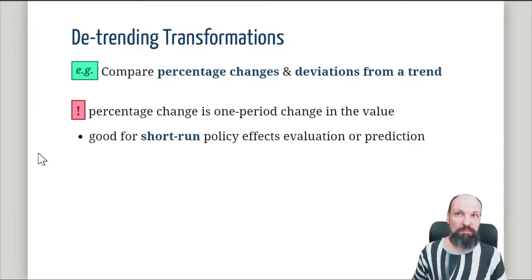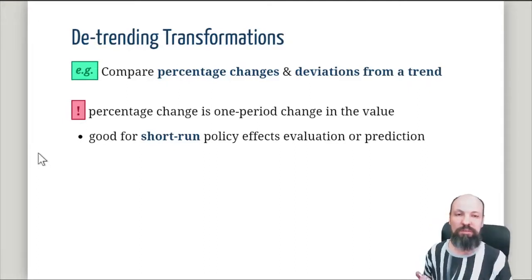And well, it might sound good, the result might even look like something stationary, but then unfortunately it makes no sense for modeling. Well, we will see it in the practice session. But let's try to compare what it means by percentage change and what it means deviating from a trend.